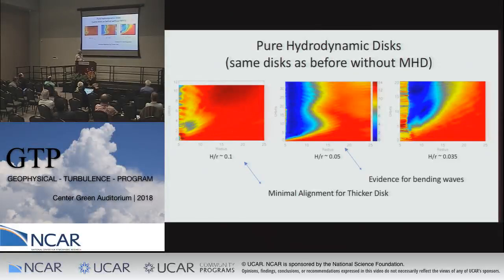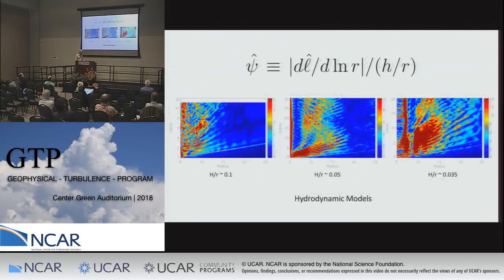All right, so we can characterize the amplitude of the bending waves by basically taking the warp, which is the logarithmic variation with radius of the angular momentum vector. That's the direction, not the magnitude. And then normalizing it by h over r.